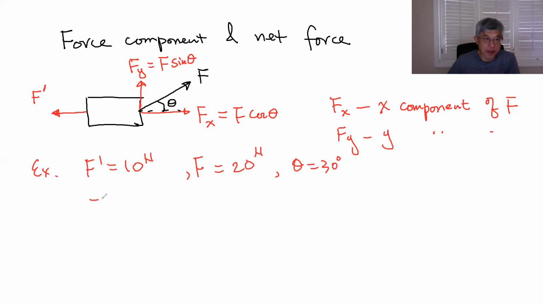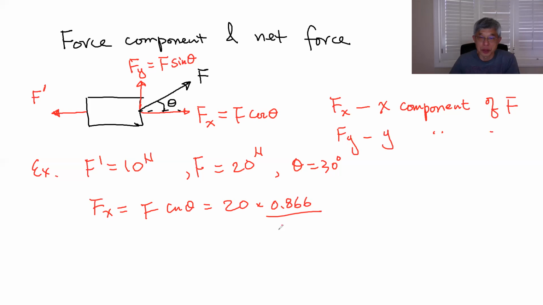So then we know Fx will be equal to F cosine theta, which is 20 times cosine 30 degrees, which is 0.866.